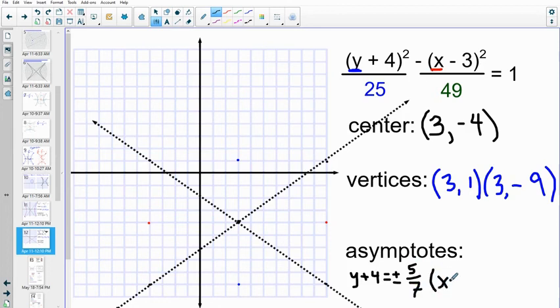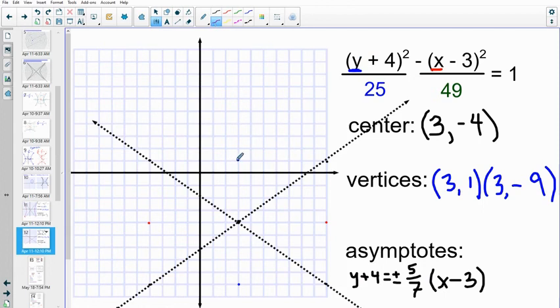And x minus the x value, my x value is 3, so x minus 3. Again, notice that I've got an x minus 3 that showed up in the equation, and a y plus 4 that shows up in the equation also. So those are the equations of my asymptotes, and all I have left to do is to draw my curve.